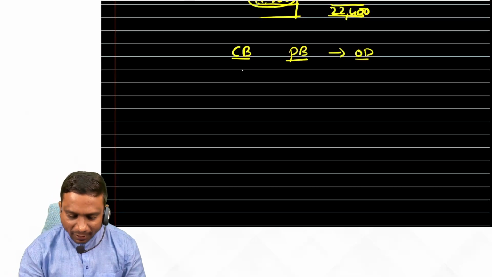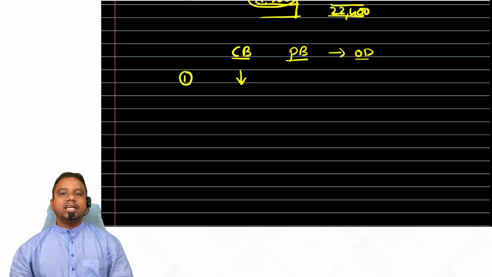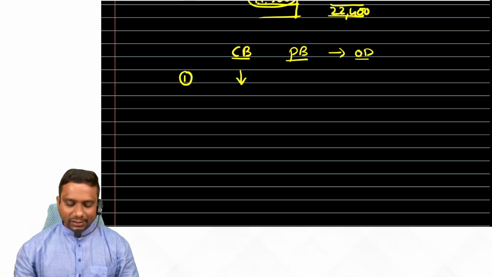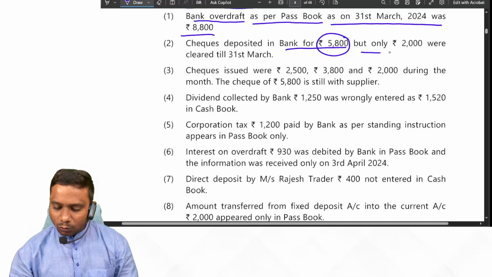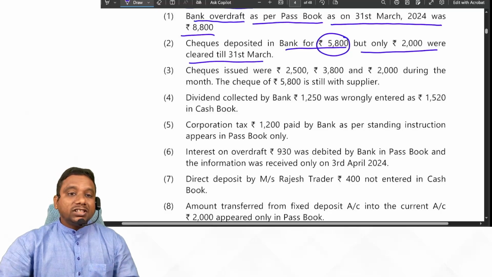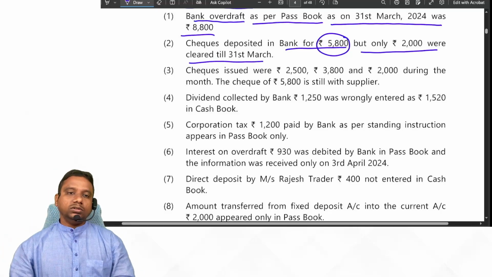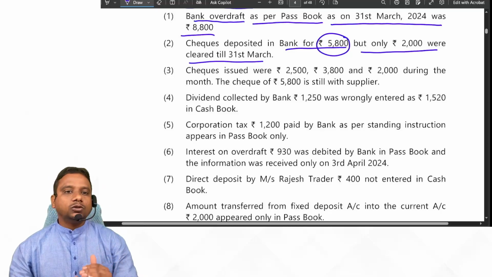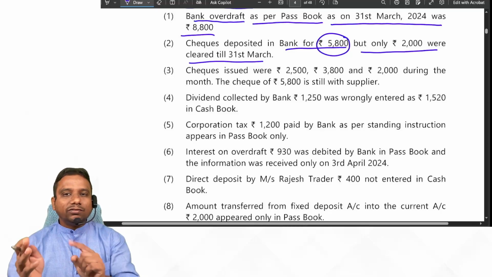Yes or no, students? Cash book overdraft decreases. But only 2,000 were cleared till 31st March. How much amount is credited into the bank? 2,000. So in the bank the overdraft also decreased, but how much? 2,000 only. So what is the difference you get?